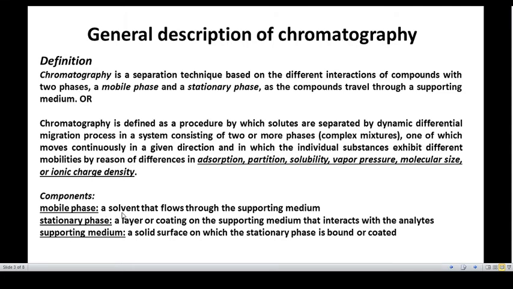Mobile phase is a solvent or a gas that flows through the supporting medium. It carries the mixture through the supporting medium. Stationary phase is a layer or coat on the supporting medium that interacts with the analytes or mixture of compounds. Supporting medium is a solid surface on which the stationary phase is bound or coated.